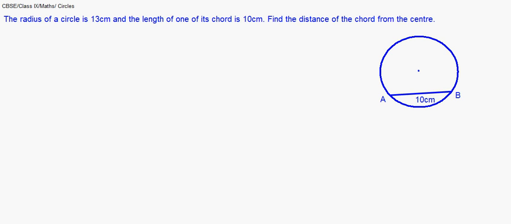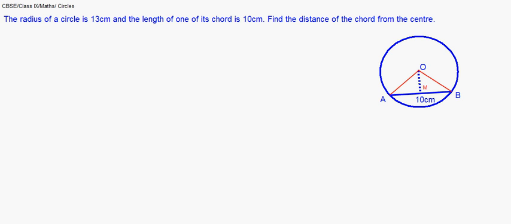I name this center as O. To find the distance means I have to find the perpendicular distance of O to this side AB. Maybe we can name this as the point of intersection to be M. To get this length, I also need the radius, so I'll be joining OA and OB being the radius.